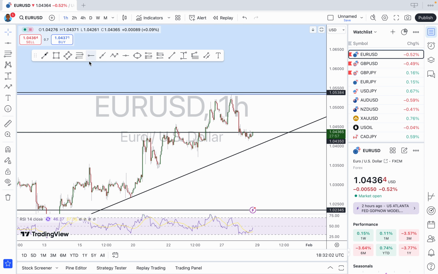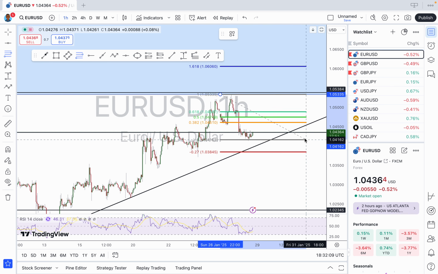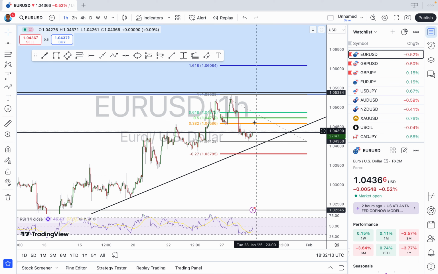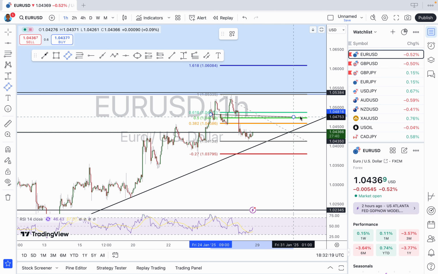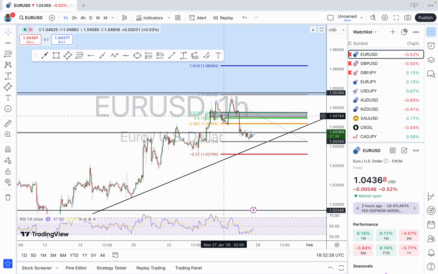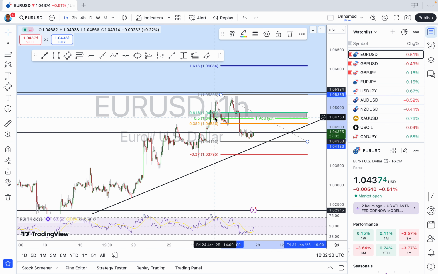I personally would bring out my fib and have this swing high, swing low marking here. Now I know that, you see this here. This is where I would want my orders to be.